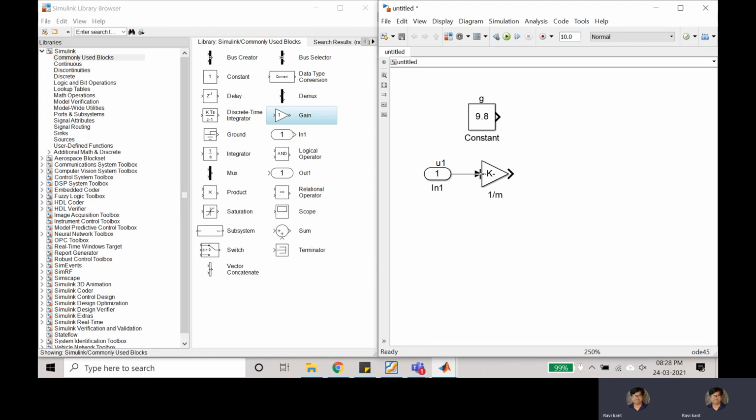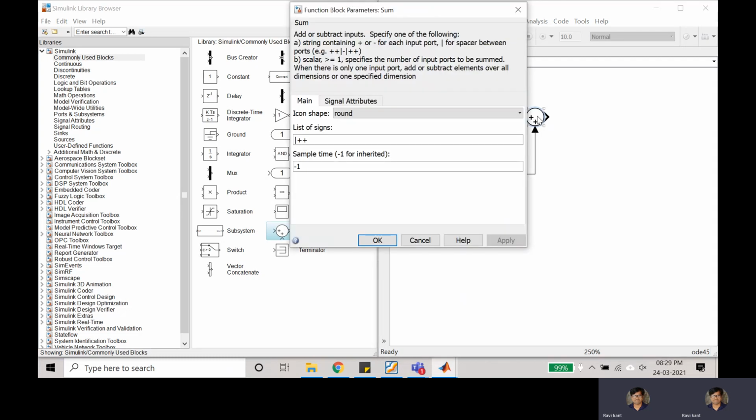So we are going to connect it. Just connect it by drag and drop. Now we are going to subtract whatever is coming. So this u1 times 1 upon m has been multiplied, and this signal is going to be subtracted from this g value over here. The subtraction can be done through this sum block. Okay. We are going to connect this properly, but be careful that both signs over here are positive. We are going to make this sign minus and plus.